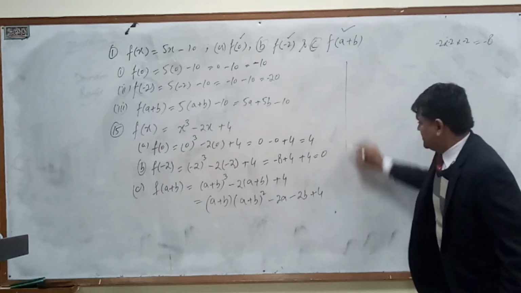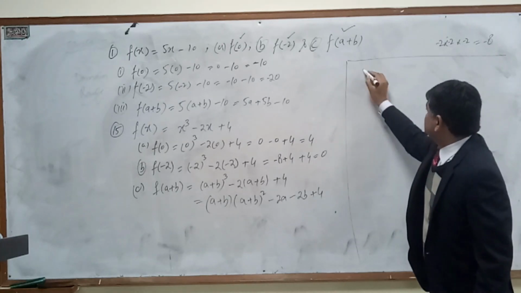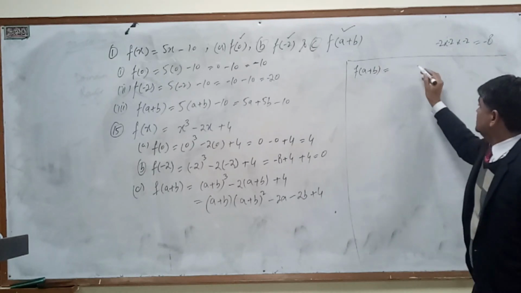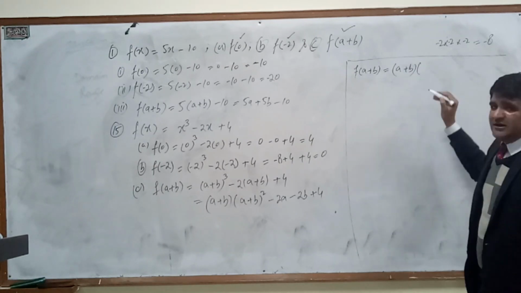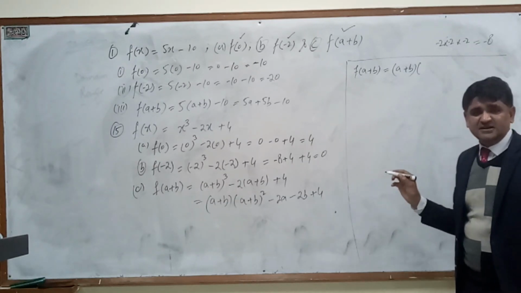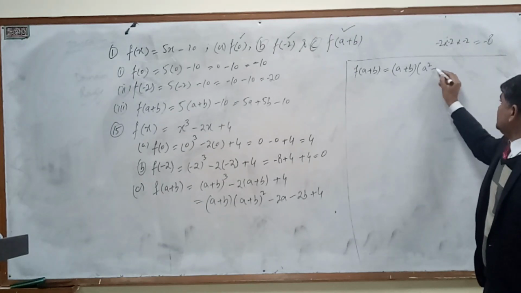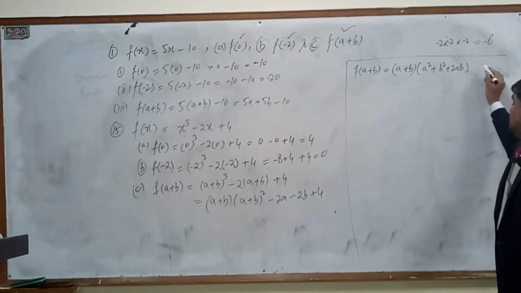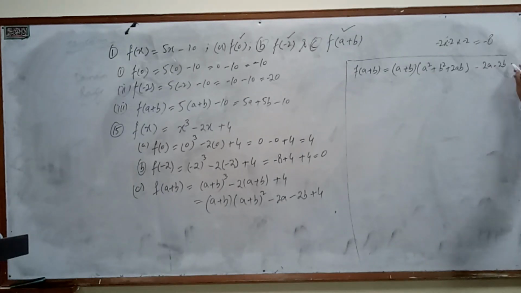Okay. We can solve here. So f of a plus b is equal to a plus b times a plus b square. As you know the formula of a plus b square, what is the formula? a square plus b square plus 2ab, minus 2a minus 2b plus 4.